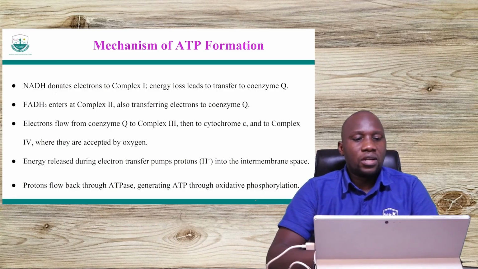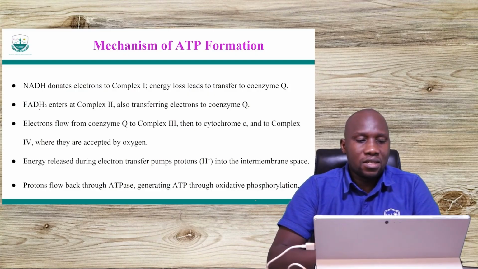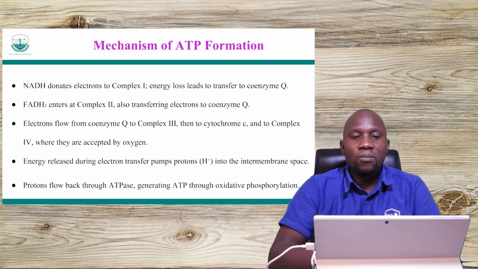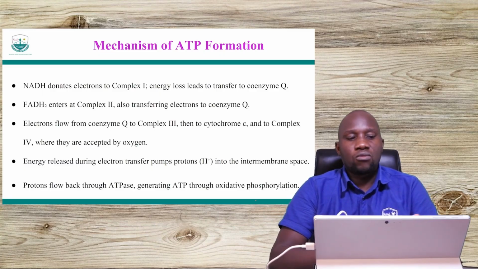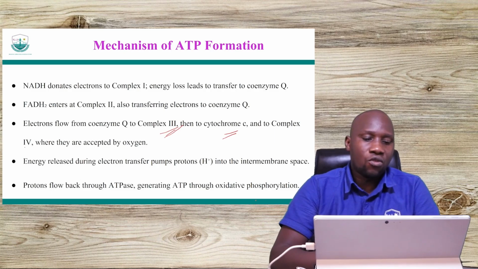You remember? Yes. So let's see how these electrons are handed to these complexes. NADH donates these electrons to complex 1, and then complex 1 delivers them to coenzyme Q. And then with FADH2, you have the electrons entering through enzyme complex 2, and this also transfers the electrons to coenzyme Q. Then the electrons from coenzyme Q flow to enzyme complex 3, and then from 3 you go to cytochrome C, and then eventually to enzyme complex 4.